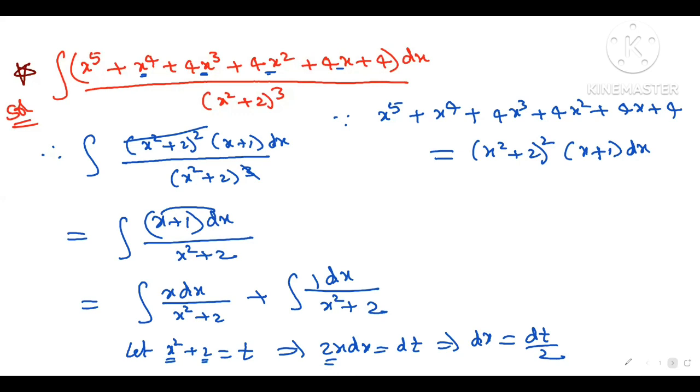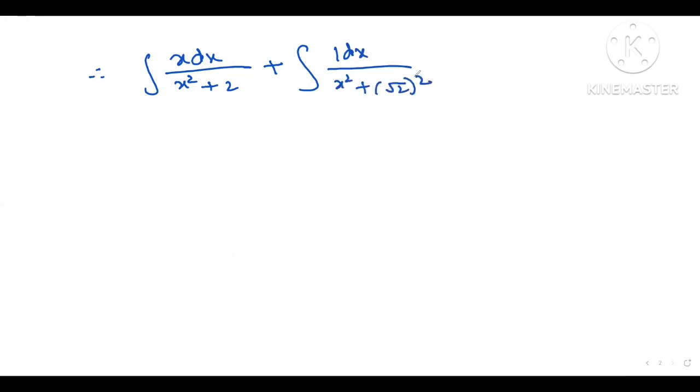Okay, now the continuation. Therefore, integral of x dx by (x square plus 2) plus, what is there here? The second integral, integral of 1 dx by (x square plus 2). In the place of 2 we should write root 2 whole square. Okay, here if the denominator is t, the numerator will be dt by 2, so dt by 2 times t.